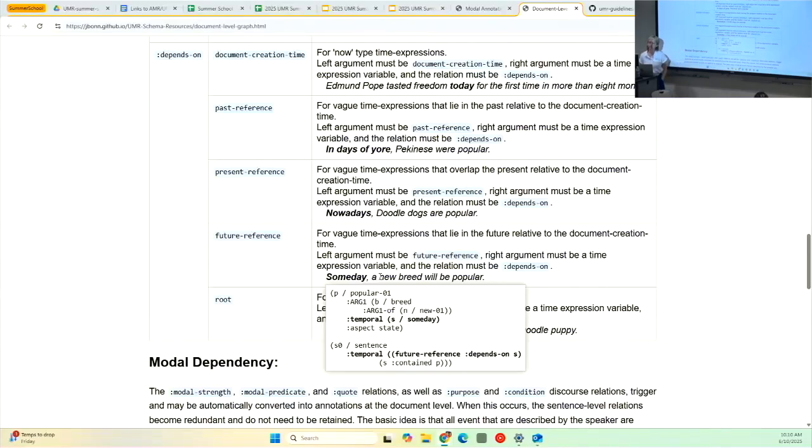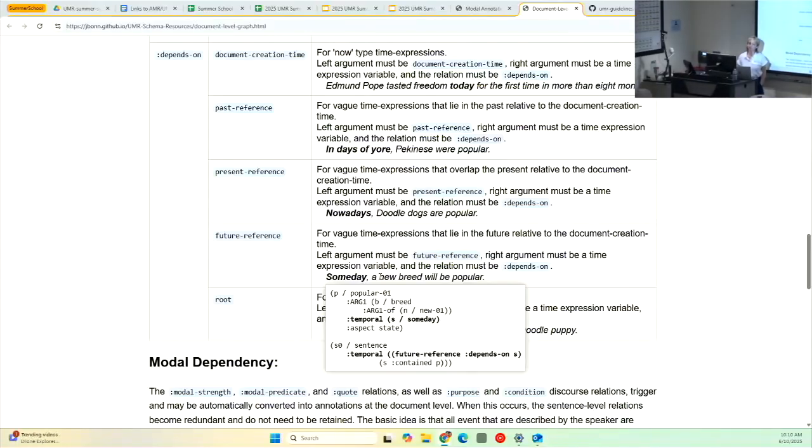I think you have an example in the guidelines without the time expressions, and you use this past reference tag. Oh boy. Yeah, there are a lot of wonky examples still in the guidelines, especially surrounding this stuff.